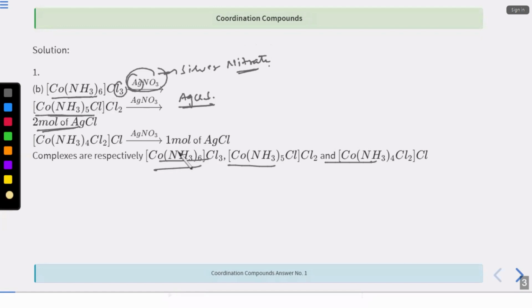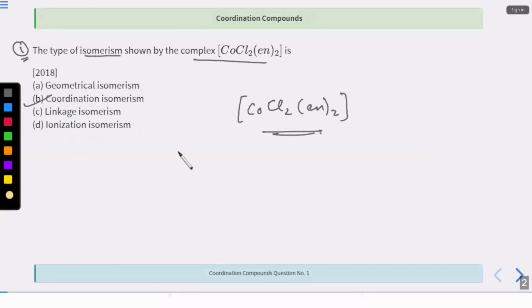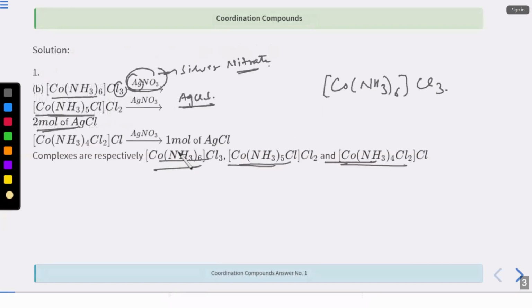I get these three compounds when Co(NH3)6Cl3 basically shows three forms.